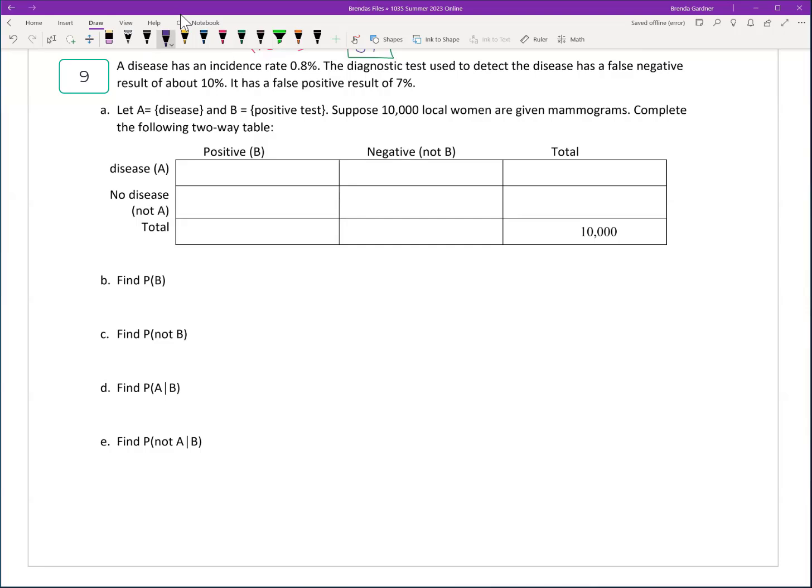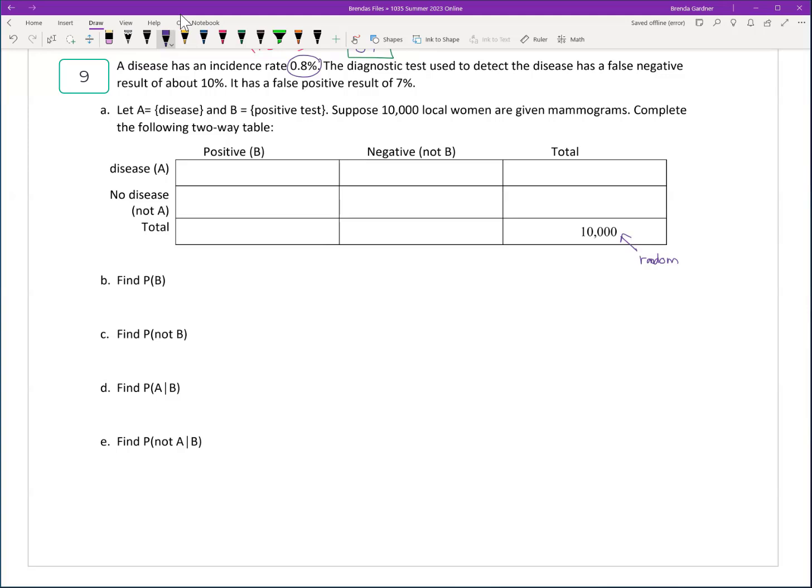We can do this. If a disease has an incidence rate of 0.8%, when we have a table here, by the way, this number at the bottom corner is random. I gave you that number to work from, but you could certainly choose 100, 10,000, or 1,000,000, because we're just going to find the probabilities.